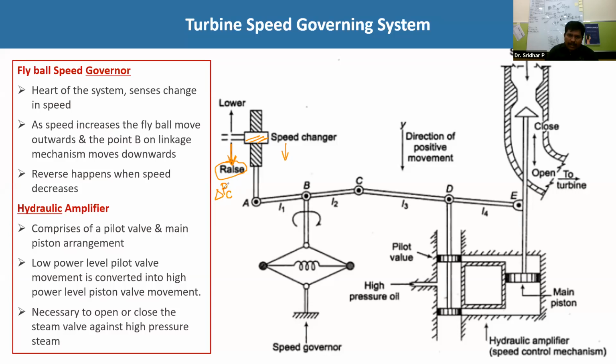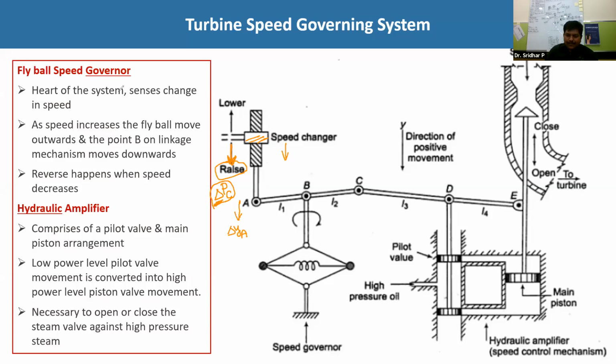How can you incorporate this signal into the system? You pull the speed changer in the downward direction by some distance such that the distance is equivalent to delta PC. So delta PC is the incremental change given to the speed changer to raise the speed of the alternator. Once the speed changer is pulled in the downward direction, point A will also move in the downward direction. Let the displacement be delta YA.